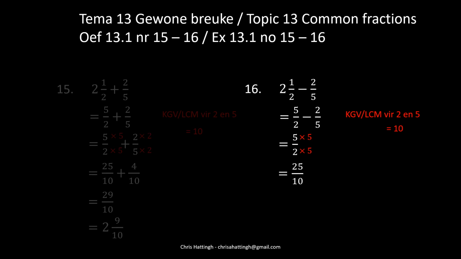That's going to give you 25/10. And then for the second fraction, you're going to multiply with 2. So it's going to be 25/10 minus 4/10, which will give you 21/10. Then convert it back to a mixed number. So it will be 2 and 1/10.